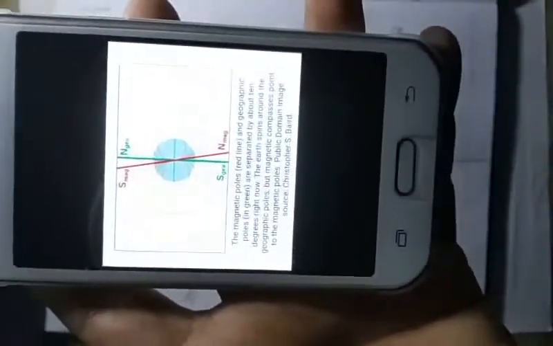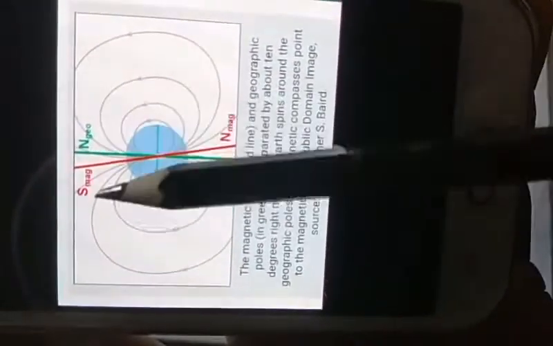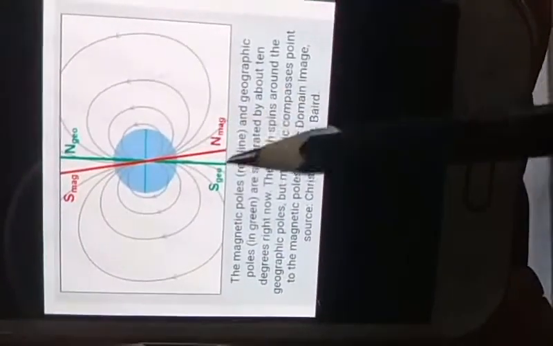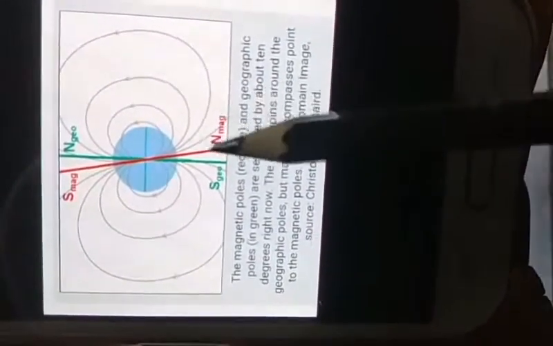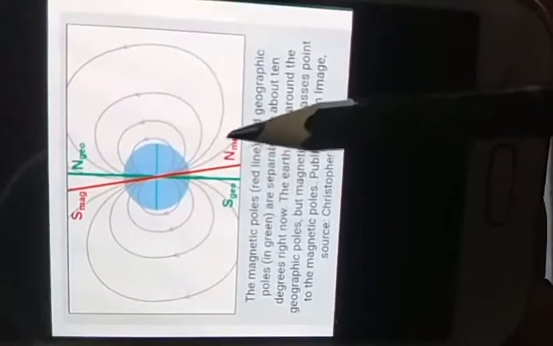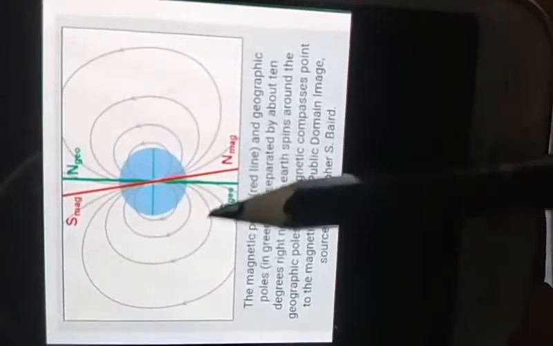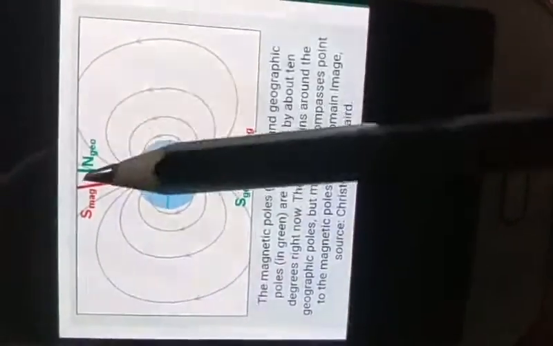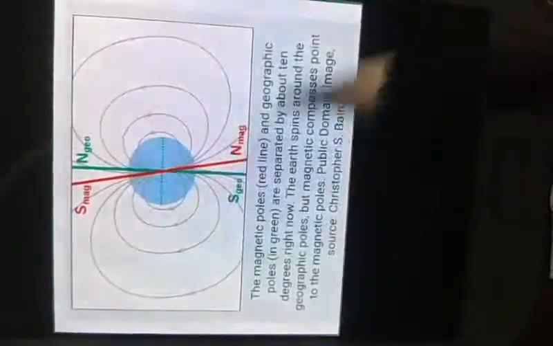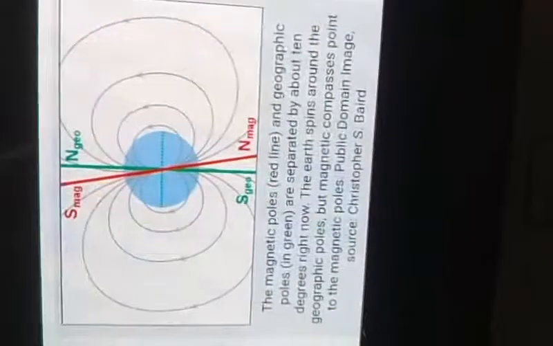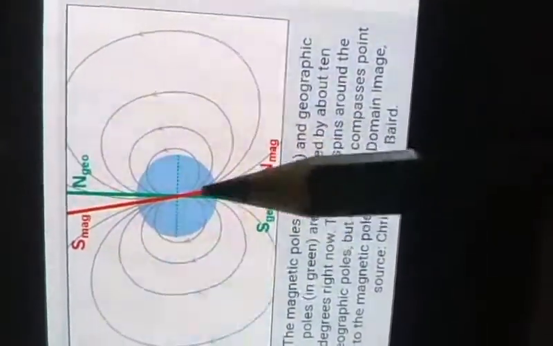Here you can see geographic north, magnetic south, and this is magnetic north, geographic south. Geographic north and south, magnetic north and south, and the magnetic line you see from north to south. The arrow, look at the arrow, students, very important.